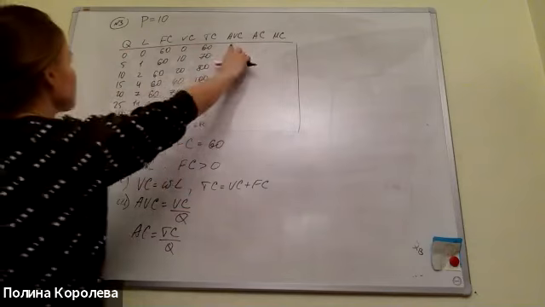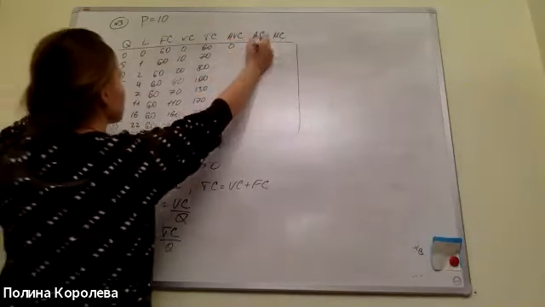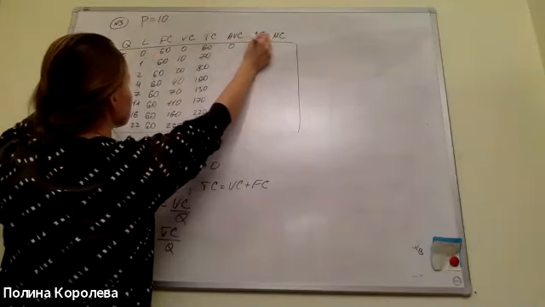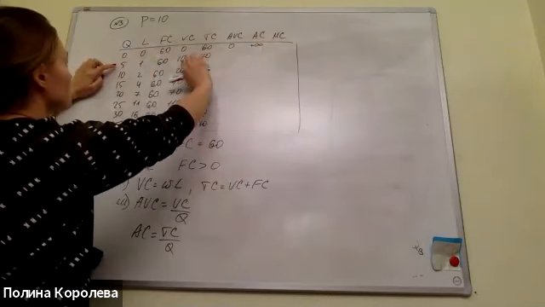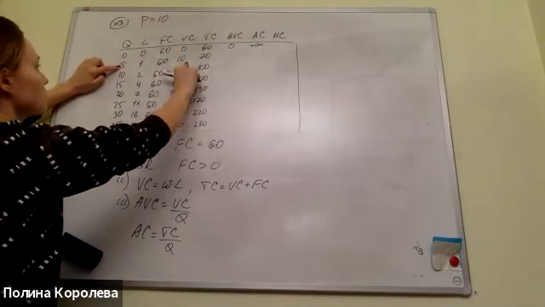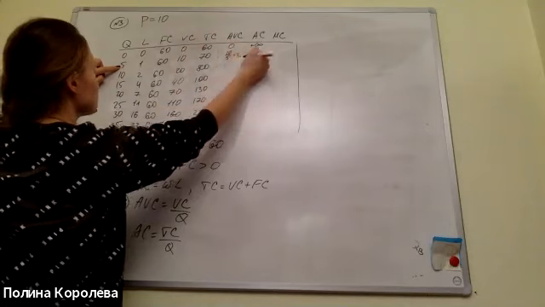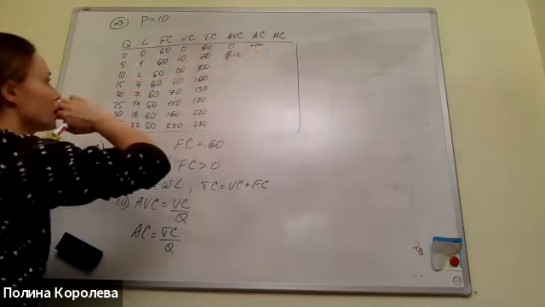So average variable is 0 if quantity is 0, and average cost is 60 over 0, plus infinity. Then average variable equals 10 over 5, where quantity equals 5. And average total is 70 over 5.